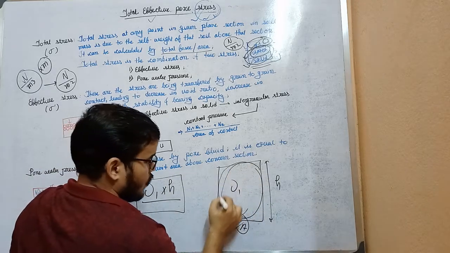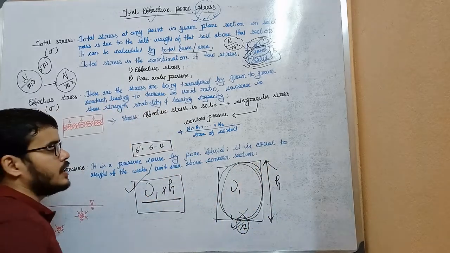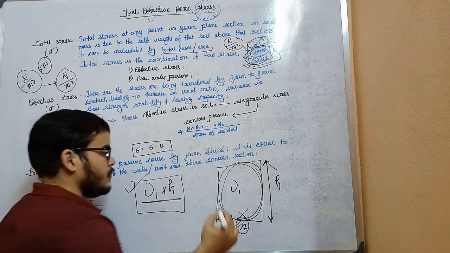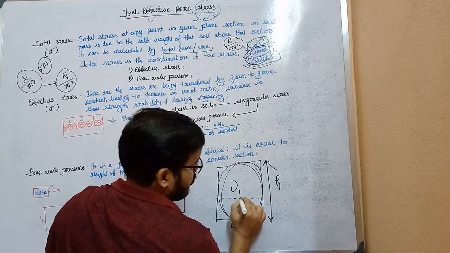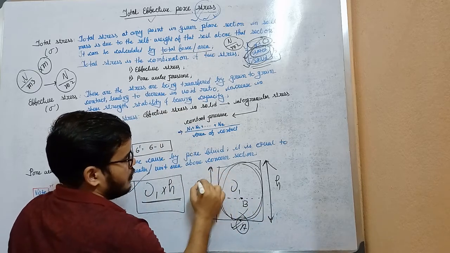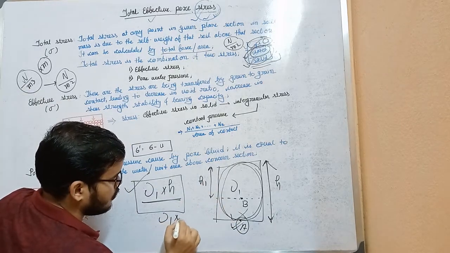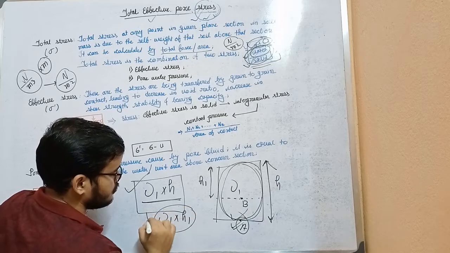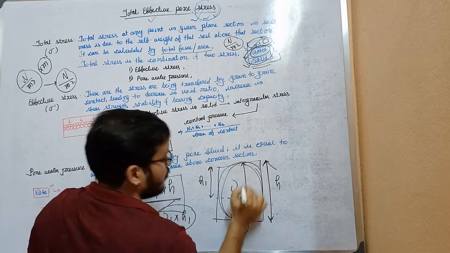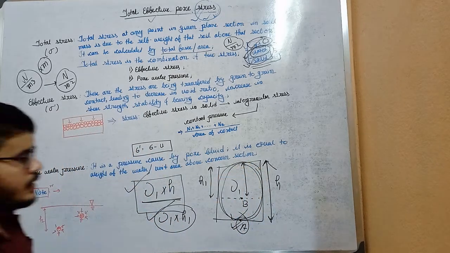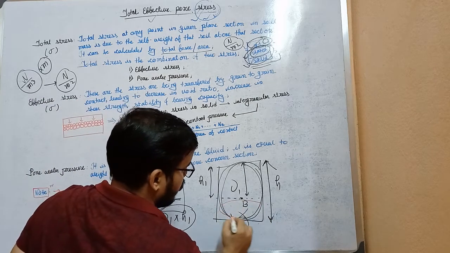The unit weight of this soil, gamma 1, into the height of the soil section, H. Now if I ask you to calculate the total stress at point B, and the height of the soil is H1, it will be gamma 1 into H1, the unit weight into the height of the soil above point B. In this case, this lower soil will not be considered.